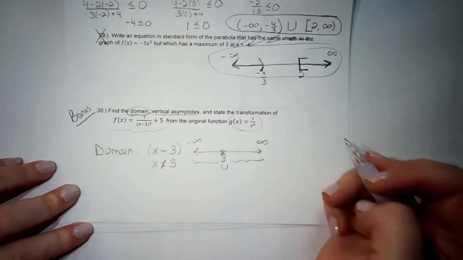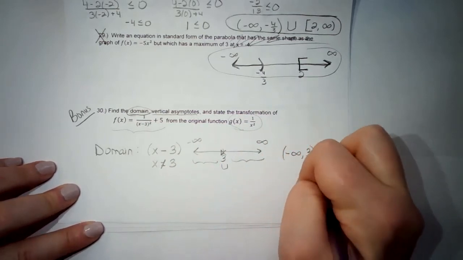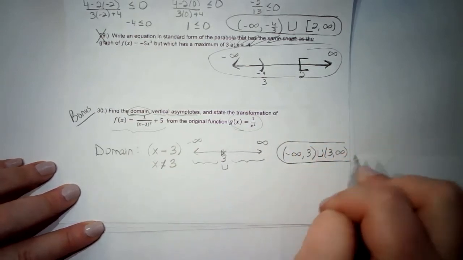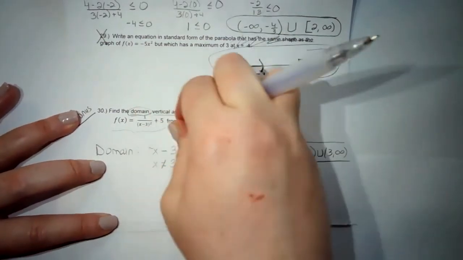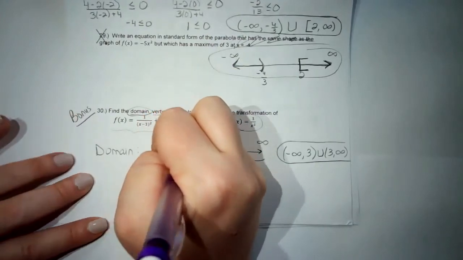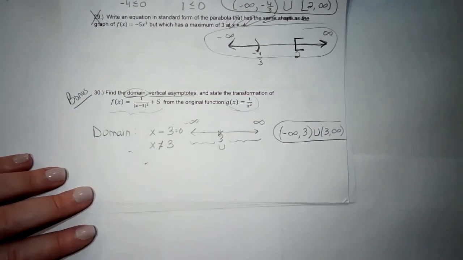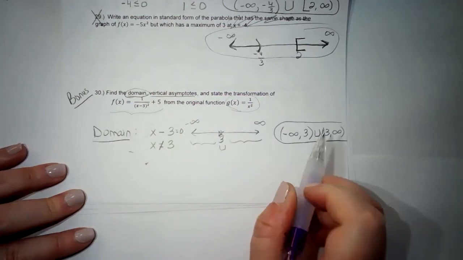So my domain is going to be -infinity to 3 unioned with 3 to infinity. That's my domain. Okay, all I did was take that denominator and set it equal to 0. Okay, and all I'm doing is solving for it and I'm excluding it. So that would be my domain, this answer here.